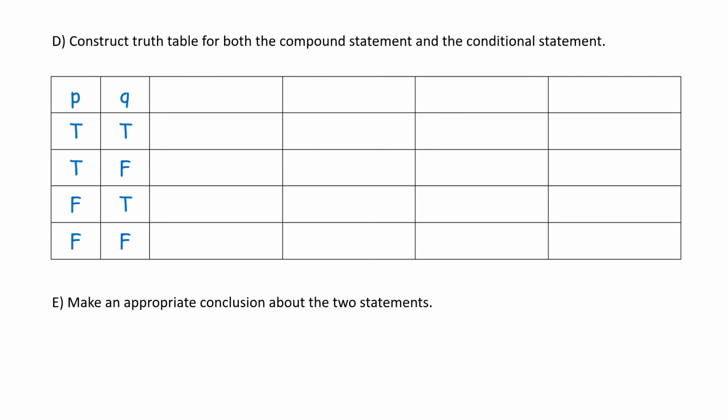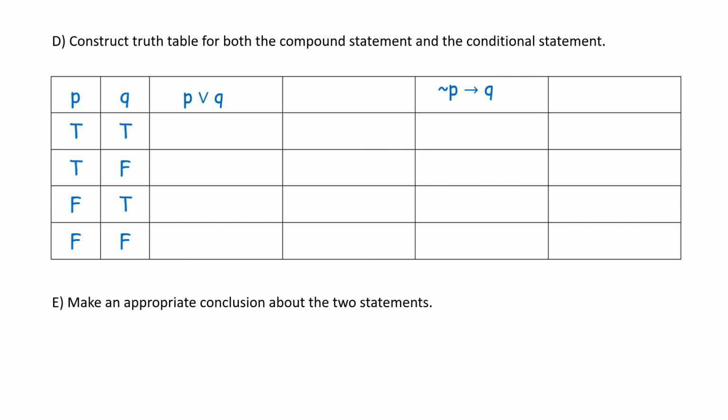The compound statement was P or Q. I maintain my 3.5 GPA or I lose my scholarship. The conditional statement was not P implies Q. If I don't maintain my 3.5 GPA, then I lose my scholarship.